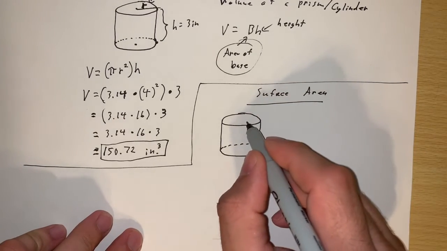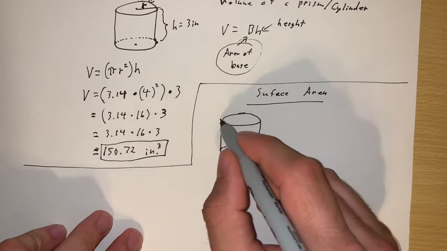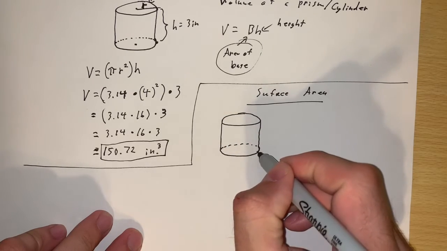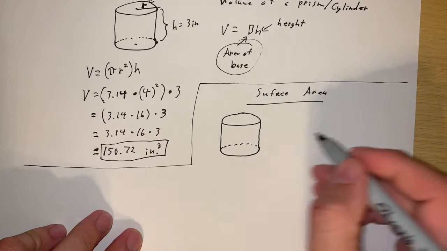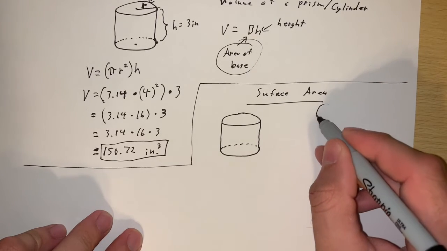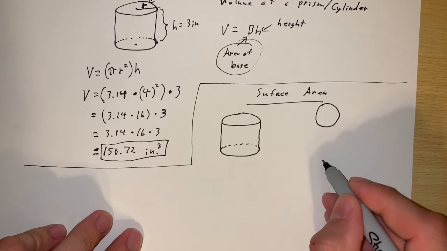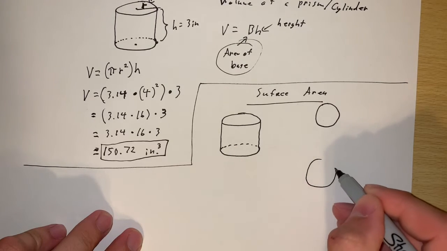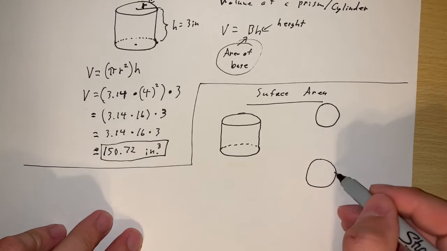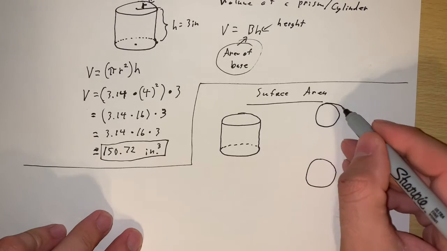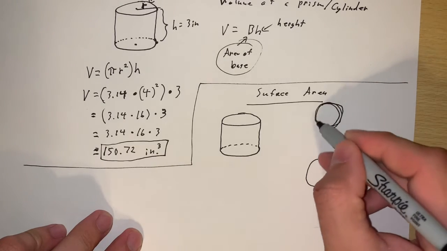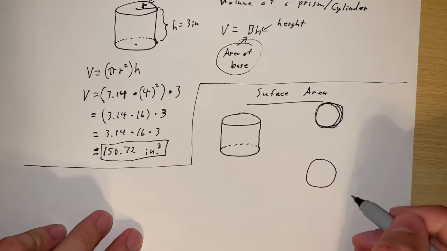Now, what about the surface that goes around, like a soda can or a tomato juice can? Imagine we were to cut the top off and cut the bottom off. Those would be circles, and they would be congruent circles, the exact same circle.